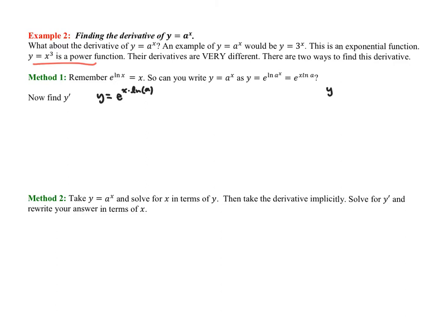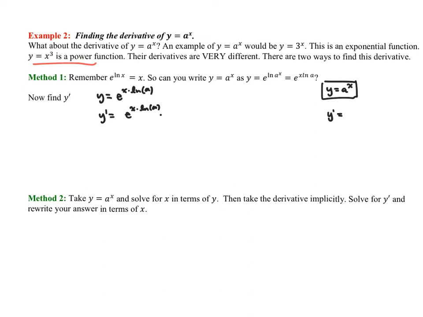All right, now let's keep in mind that originally we're starting with y equals a to the x. And I want to know what y prime is equal to. So I'm going to take the derivative of this thing. E to anything, its derivative will be that same thing times the derivative of the exponent.